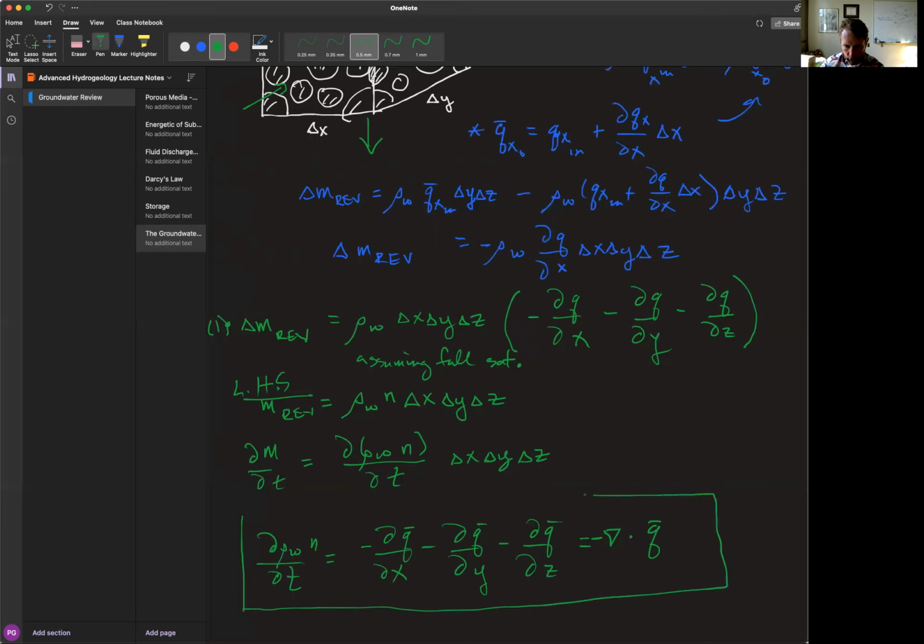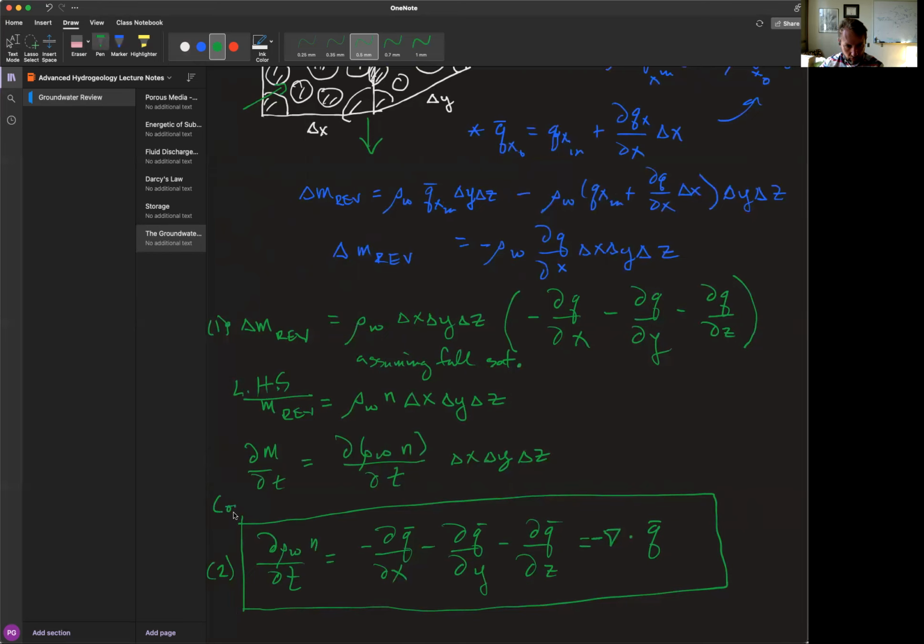And it says that the change in mass in our system is equal to the divergence of the vector field. All right. And that really just means, are the vectors converging at my point, in which case the mass would be increasing, or are they diverging from the point, in which case the mass would be decreasing. All right, so this is the continuity equation. We'll label it 2.